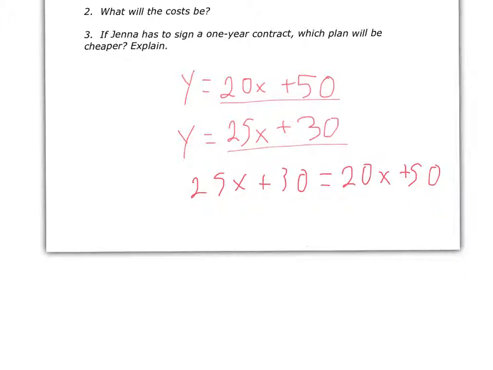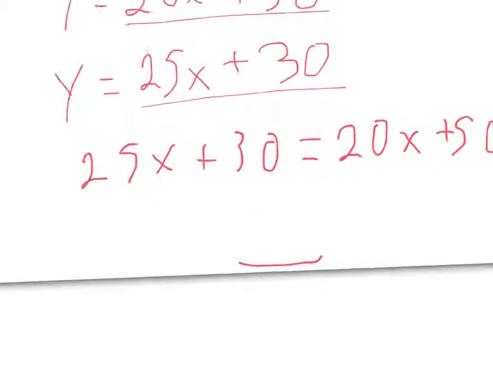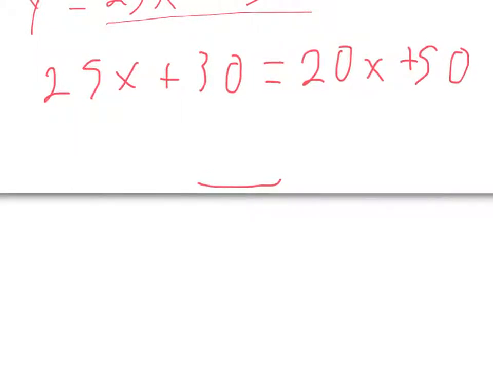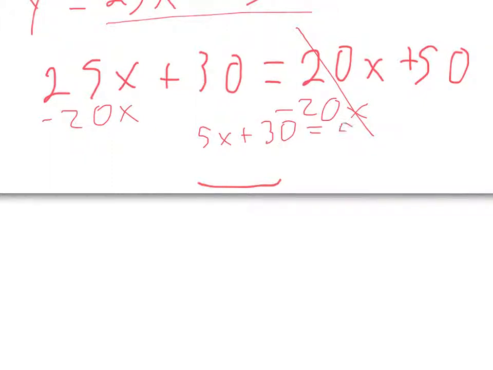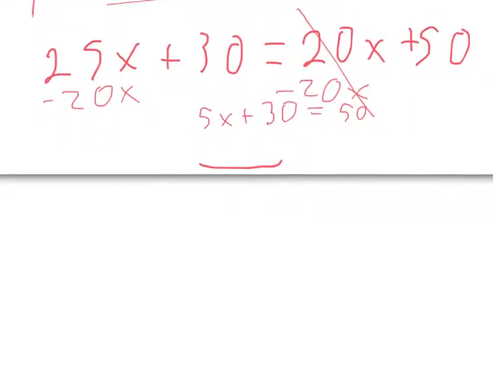So let's look at that real quick. If we wanted to get the variables on the same side, we would, of course, take this 20x and move it over. So subtract 20x, and those 20s would cancel out. That would give us 5x plus 30 equals 50. Let's zoom in a little bit.